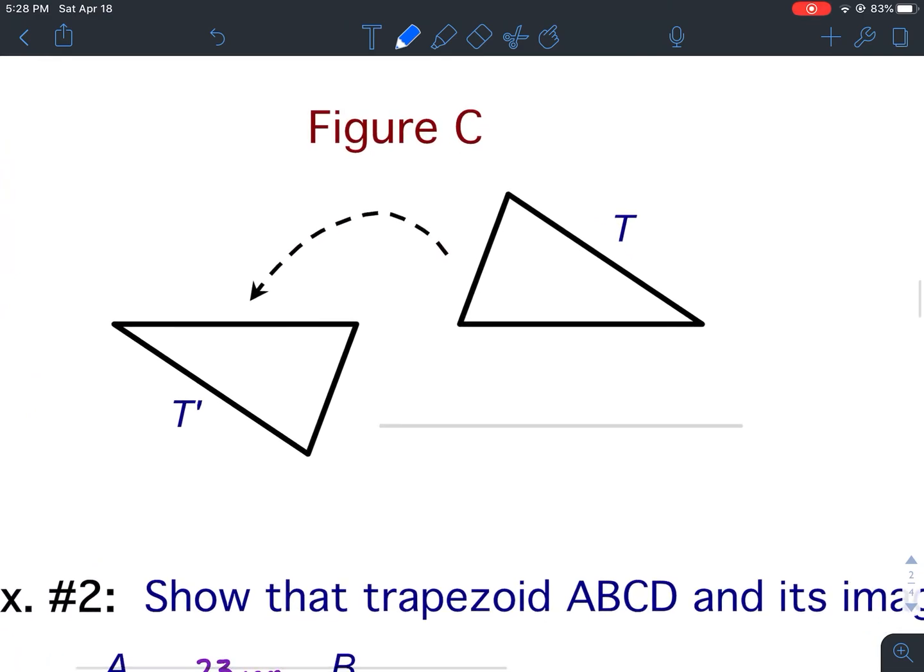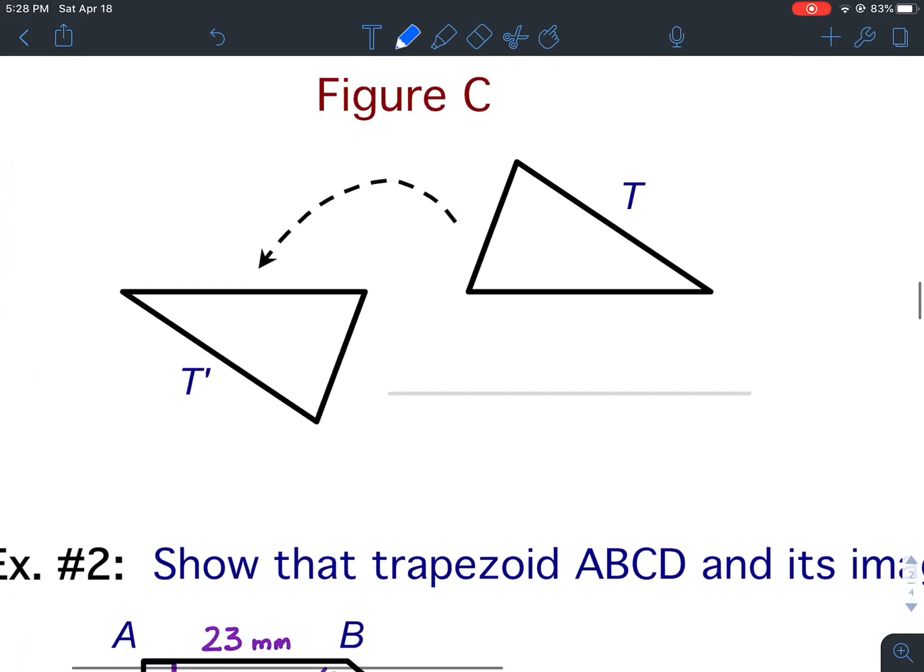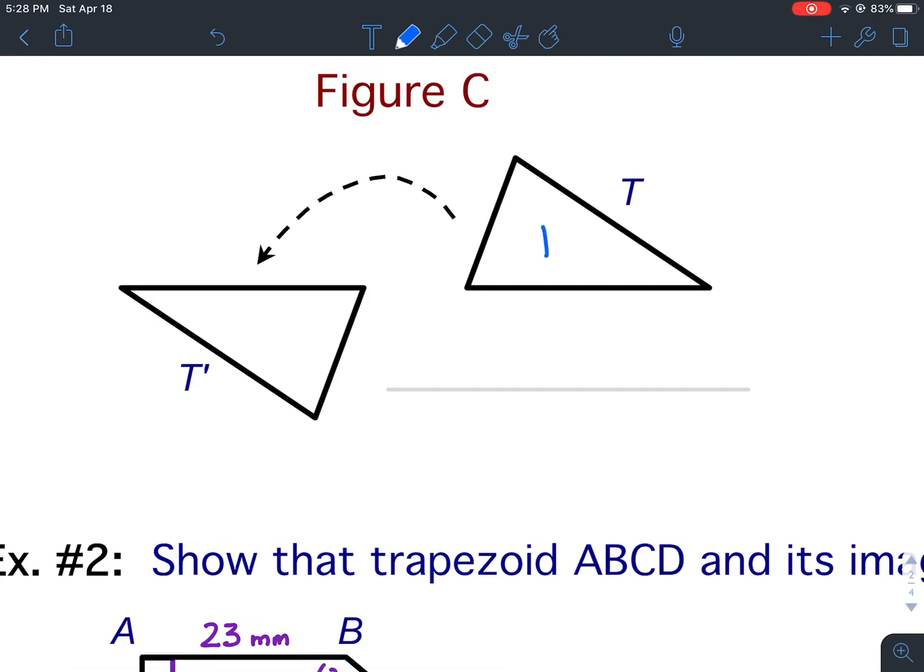Figure C. For figure C, this up here would be our pre-image. This would be our image. Let's label this A, B, C. Well, this would be A prime, B prime, C prime. And these figures, the orientation is not the same at all.